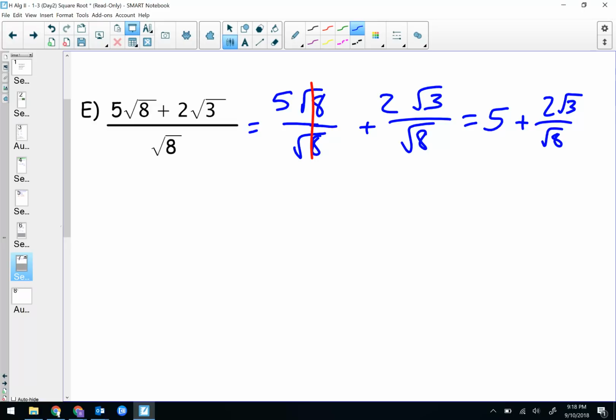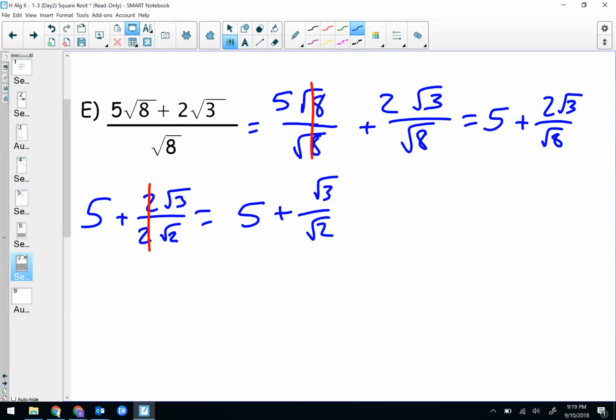I'm now just working with this piece to try to reduce that down. So let's reduce down that radical 8. I've got 5 plus 2 radical 3 over 2 radical 2. And look at that. I'm still reducing. So this gives me a 5 plus radical 3 over radical 2.